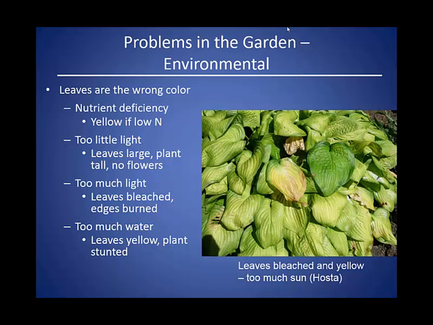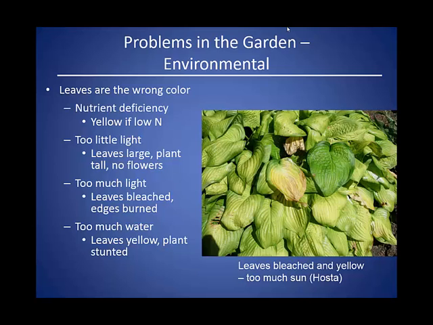More problems in the garden, leaves that are the wrong color. One thing you'll find out in your plant problem diagnosis class is that similar symptoms can have different causal agents. So you may have yellowing leaves, and that may be because you don't have enough nitrogen, or maybe you just have too little light.